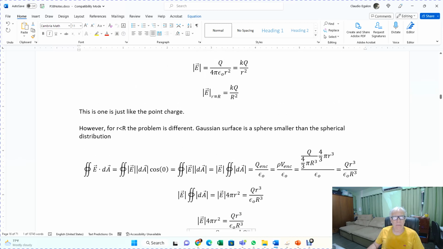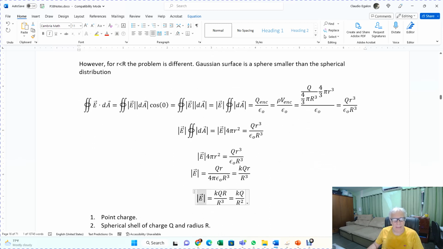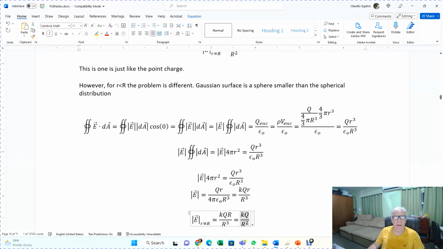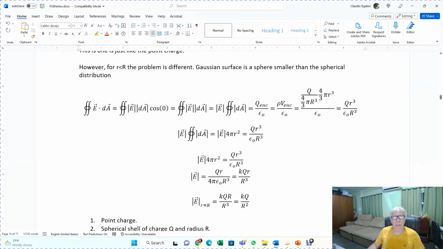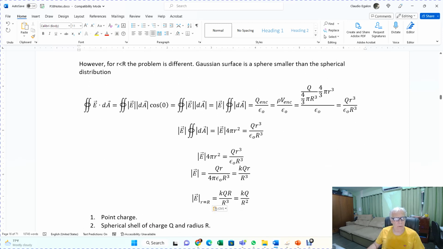Note, just like before, that the magnitude of the electric field at lowercase r equal to big R is going to be the same value that we got before, okay? Here you go. So there is continuity of the electric field at the charged surface.